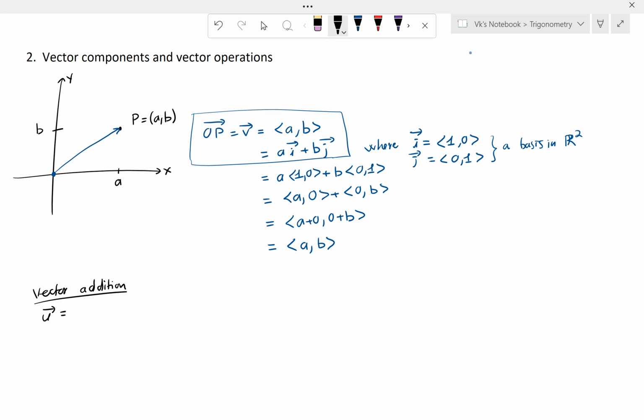U is (A1, B1). V is (A2, B2). Then U plus V is (A1 plus A2, B1 plus B2).